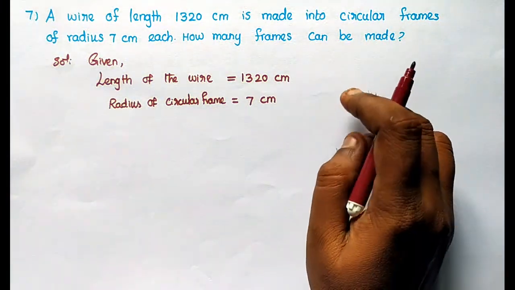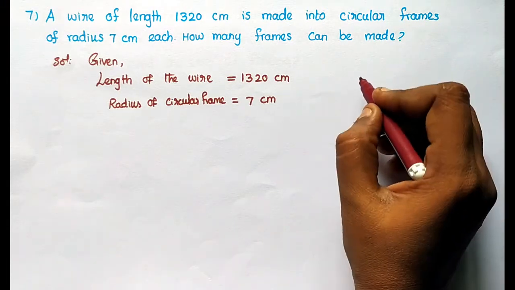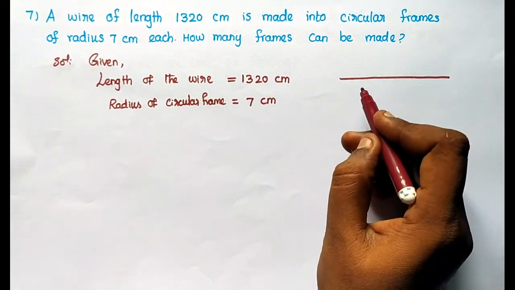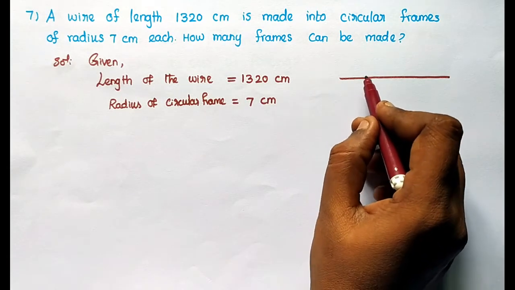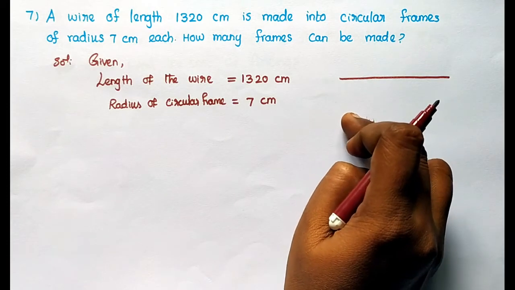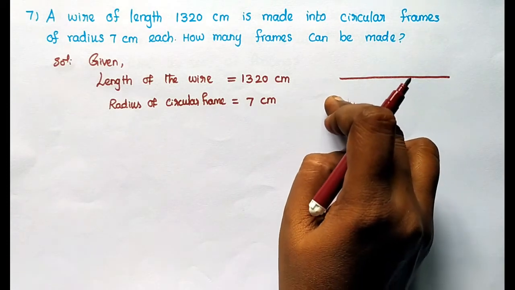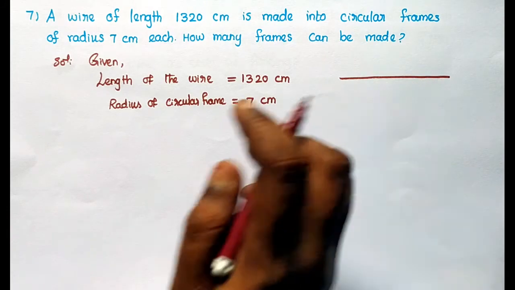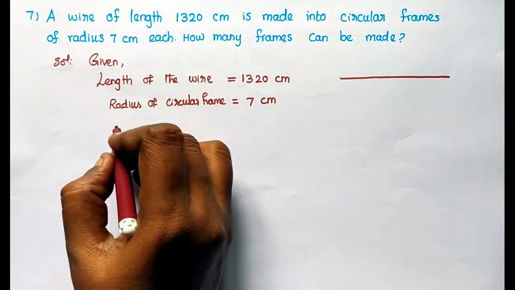Listen, a length of wire, we have to make a round shape frame. So that is circumference of the frame, right? So we have to find out circumference.